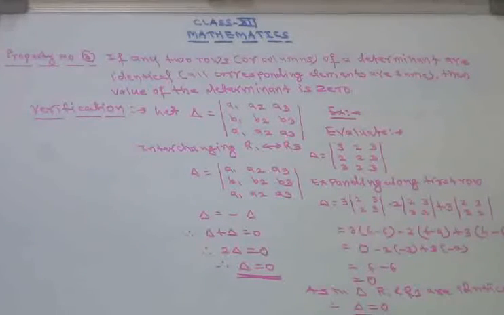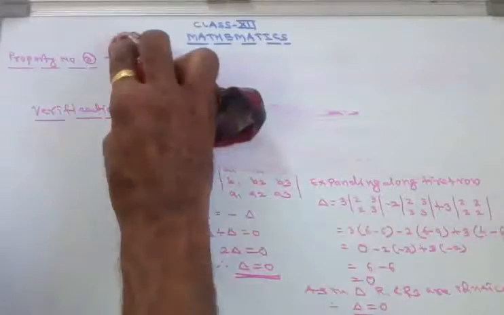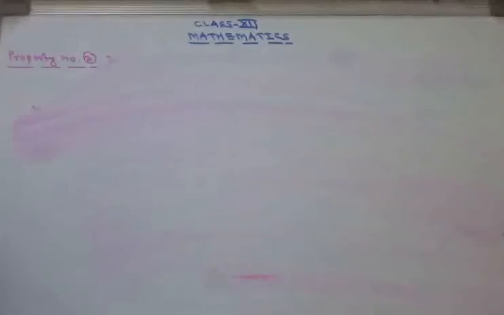So this is property number 3. Then come to another property, property number 4.